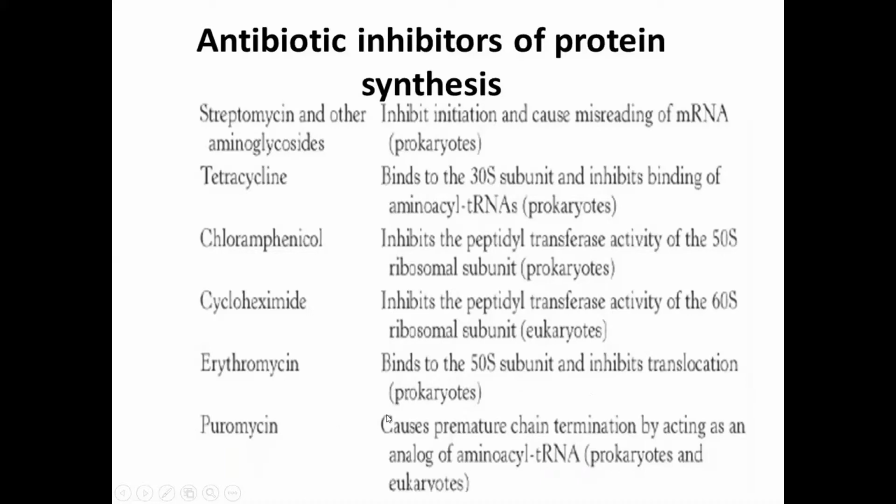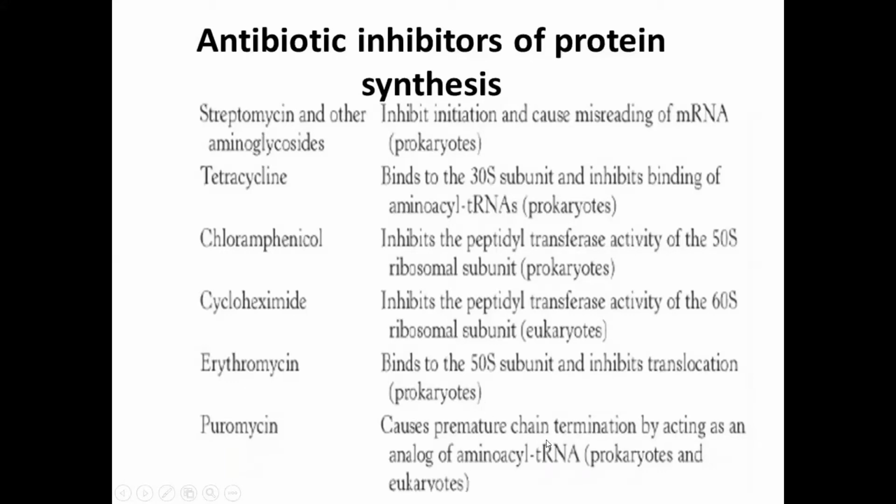Now puromycin has a structure which is similar to amino acyl tRNA. So if you give puromycin, it will be incorporated and bind to the mRNA in place of amino acyl tRNA, mostly at the A site.